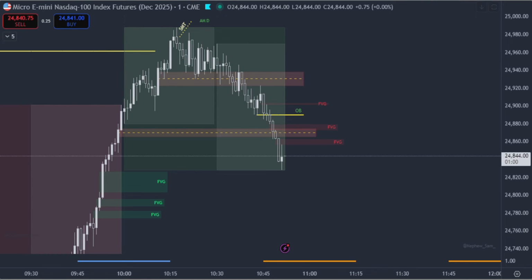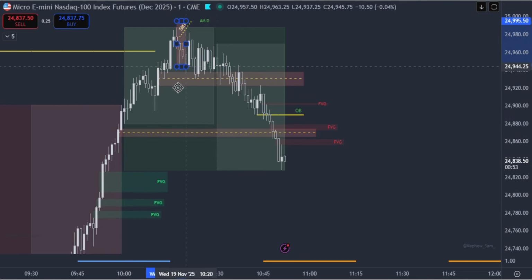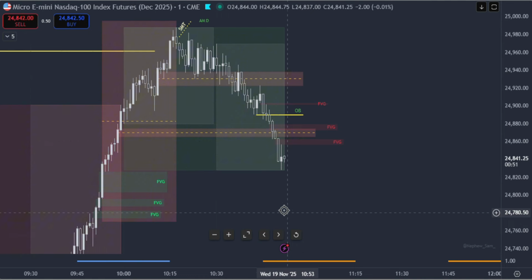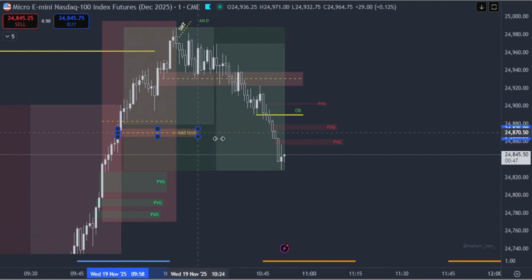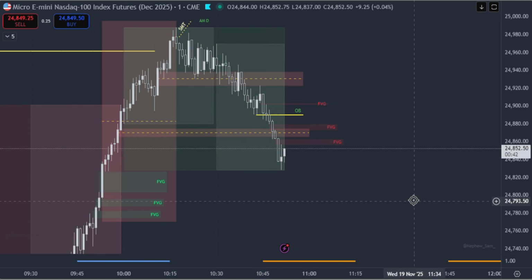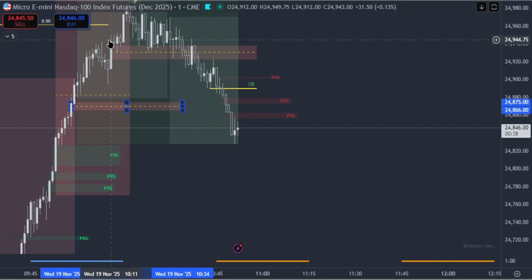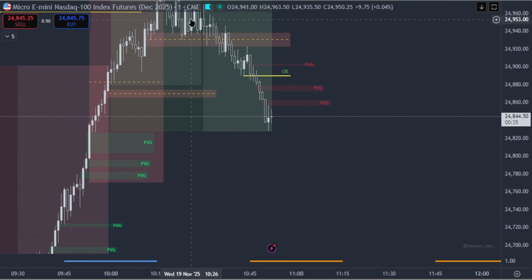When we start disrespecting this side, all of this leg, start dragging your PD arrays from the left side, and we need to use those as resistance now towards the downside.